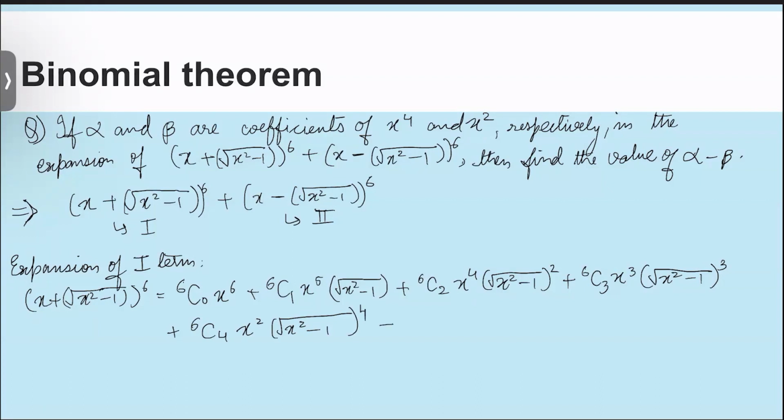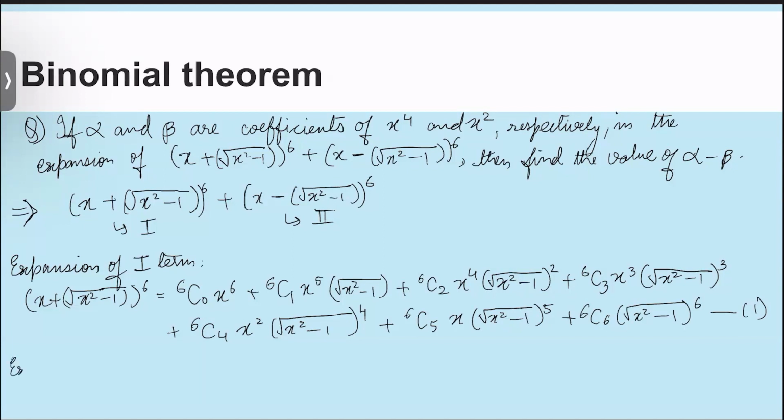Okay, and then you have plus 6c5 x root of x squared minus 1 the whole raised to 5 plus 6c6. This will be root of x squared minus 1 raised to 6. Okay, so let this be your first equation, the expansion of the first term.